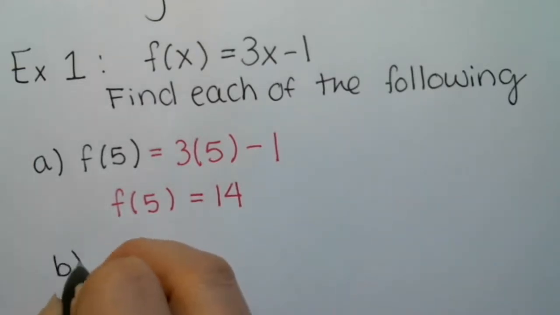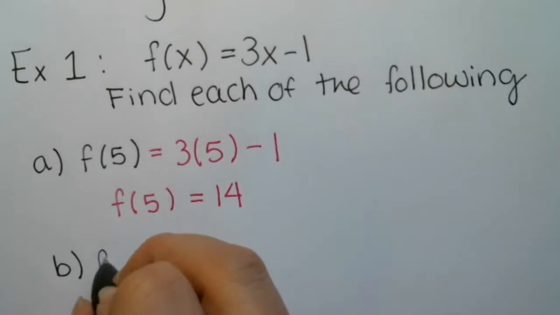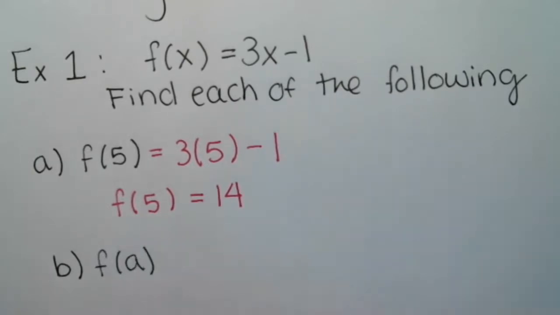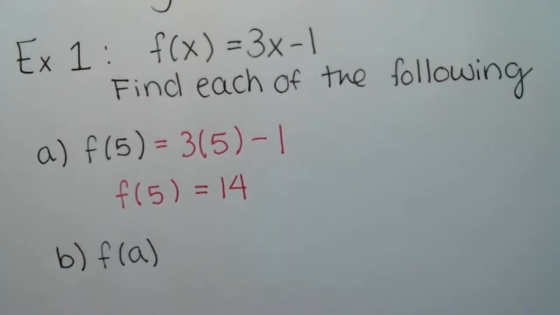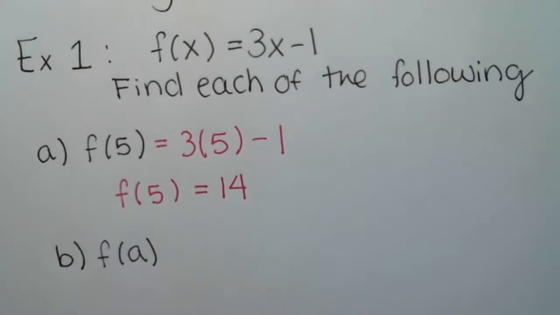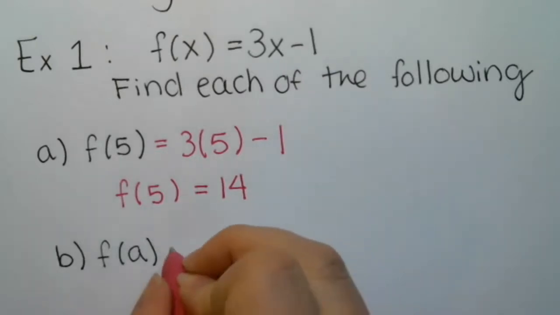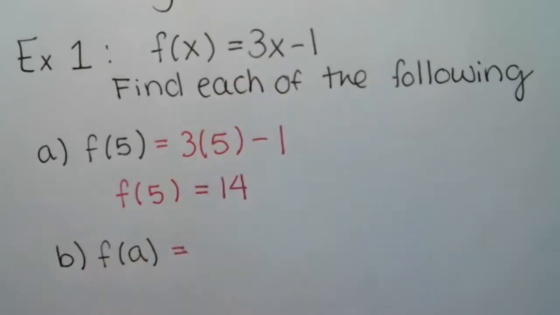Okay, so let's talk about some stuff that we haven't really seen. Now, what if we want to plug in something that isn't a number, something like the variable a? Okay, so we're going to do the same thing that we did before. We're going to plug in a to our equation.